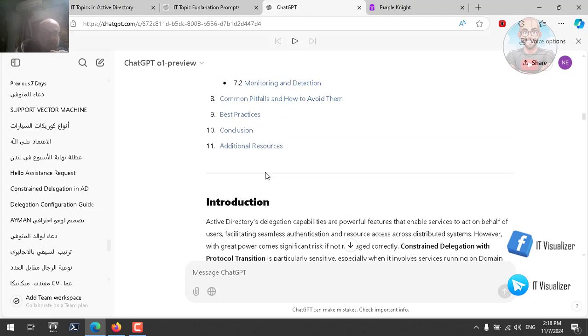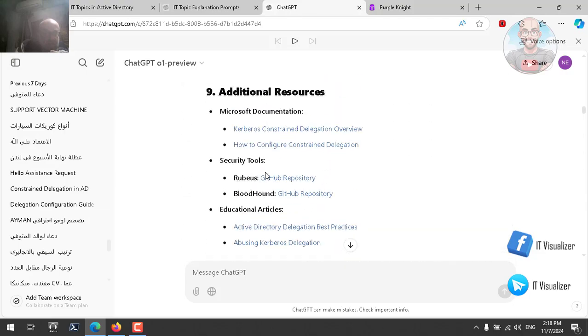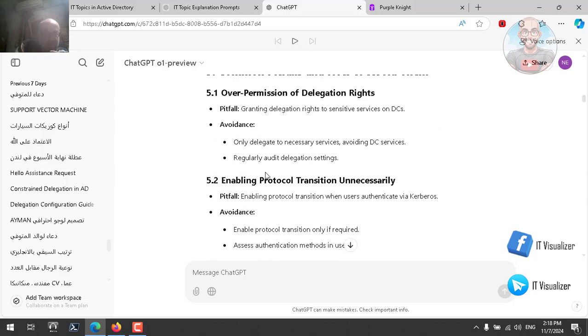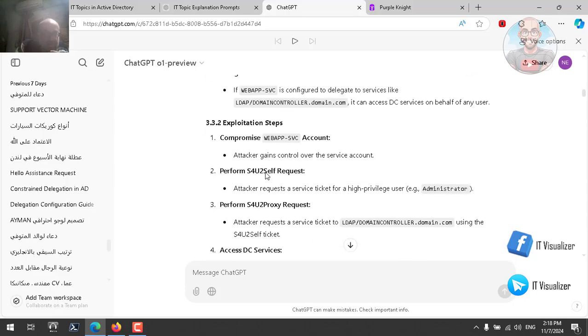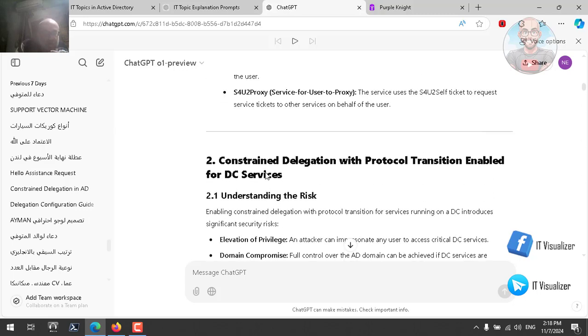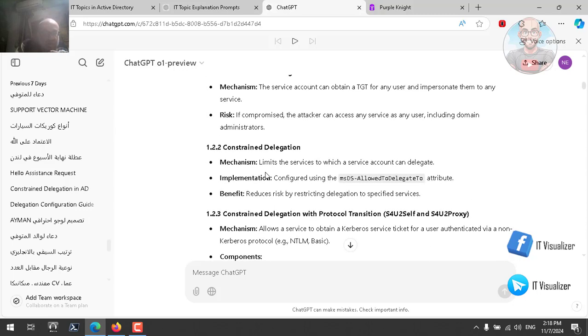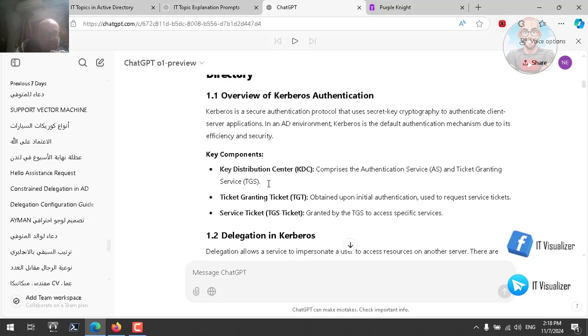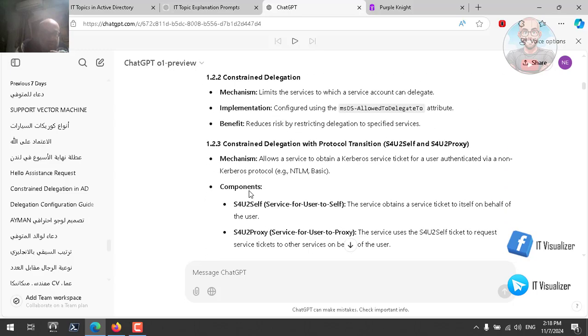Let me go further and check the previous one, just to make sure that the answer is not repeated. Here we go. This is the delegation. Here are the components. He is not giving us the authentication process, only the components, and not the flow of the components or the flow of the authentication.